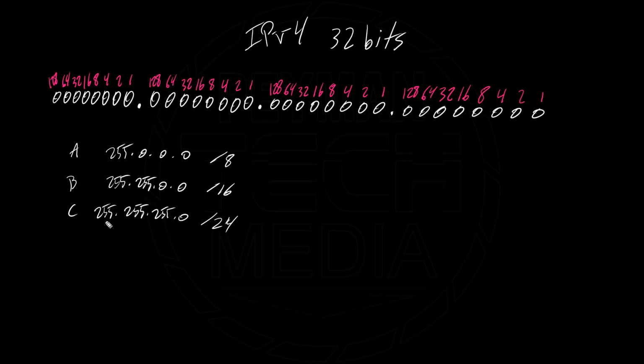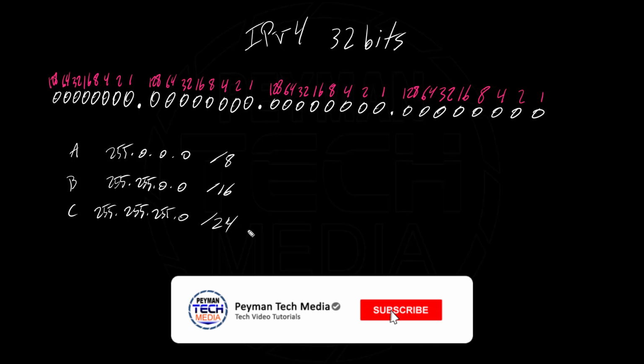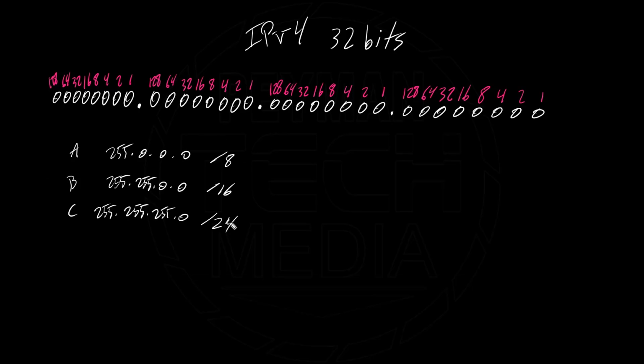The 255 in the first octet means 8 ones, 255 in the second octet, 8 ones, 255 in the third octet, 8 ones. If we add all these up, that's a total of 24 ones, network bits, and then 8 host bits. So these are known as default subnet masks.